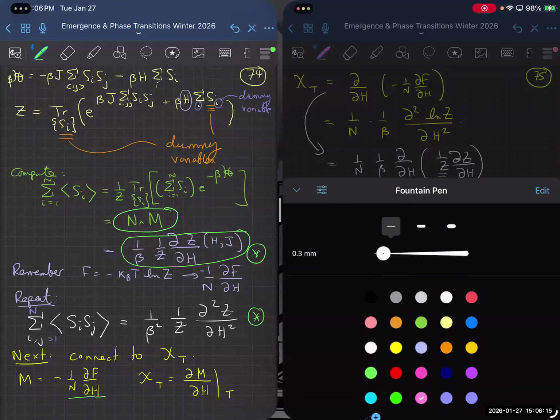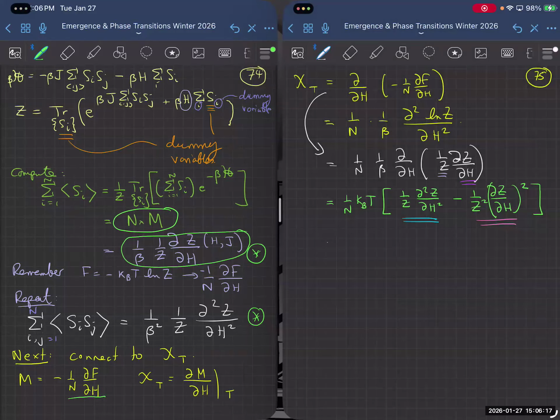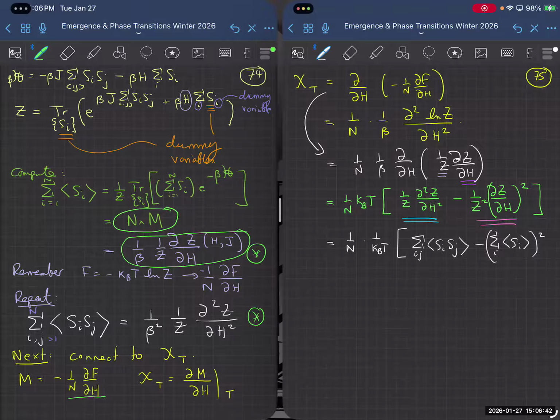So then in putting it all together, what I end up with is 1/N, and then 1/k_BT, and then the sum over i and j of the expectation of S_i S_j, minus the sum over i of the expectation of S_i, squared.